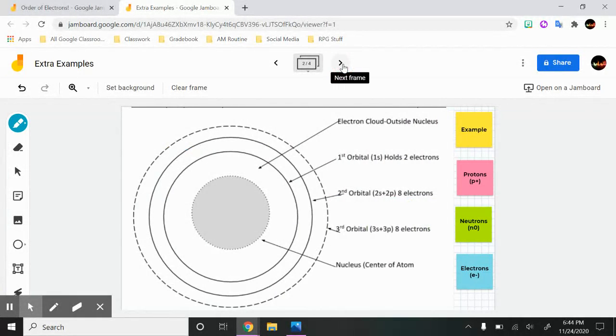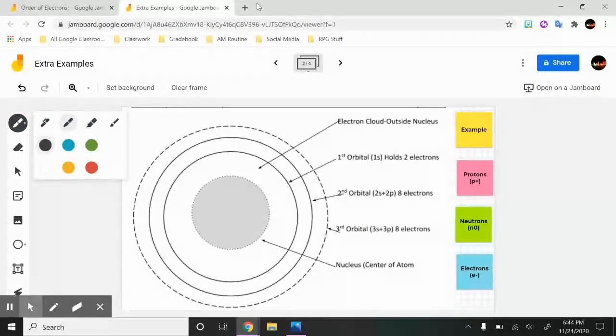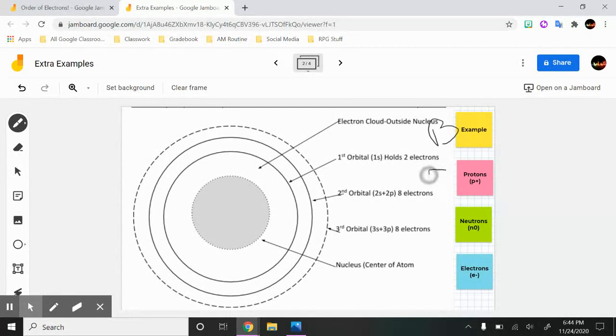Let's try one that's a little bit bigger. Let's try boron. We're going to do what's known as an isotope of boron, and we'll talk about what that means later on. For now, let's just focus on the protons, neutrons, and electrons. Boron has 5 protons, 6 neutrons, and 5 electrons.